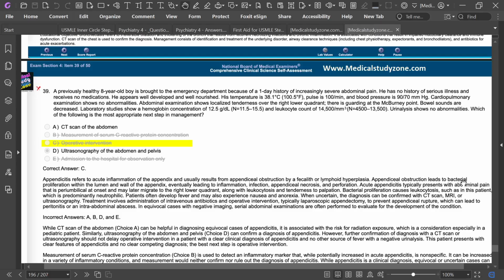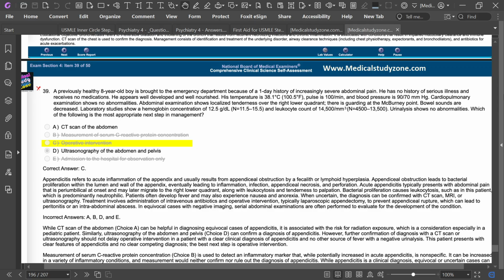Lymphoid hyperplasia leads to bacterial proliferation within the lumen and the wall of the appendix, eventually leading to inflammation, infection, appendiceal necrosis, and perforation.